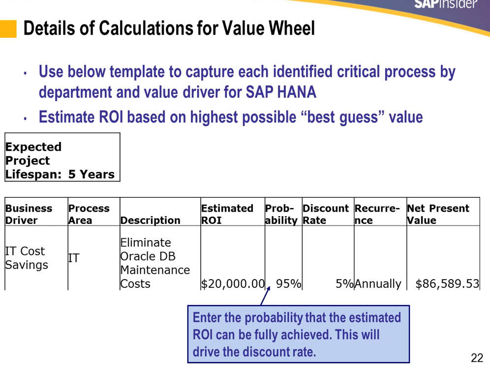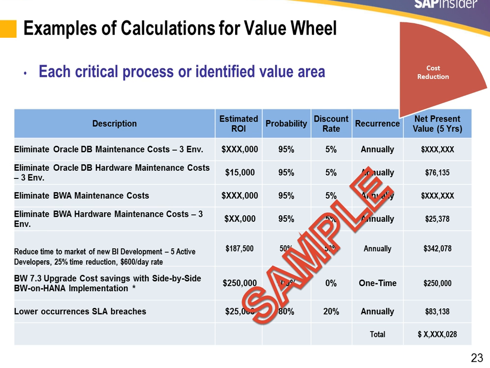Sure. So what's going on with slide 23? So slide 23 is now just showing a sample of, we do that for every single one of those value driver line items that we identified. Okay. And we do it for each slice of the value wheel. So here I'm showing a sample of one where we just did it on, in this case, IT cost savings.